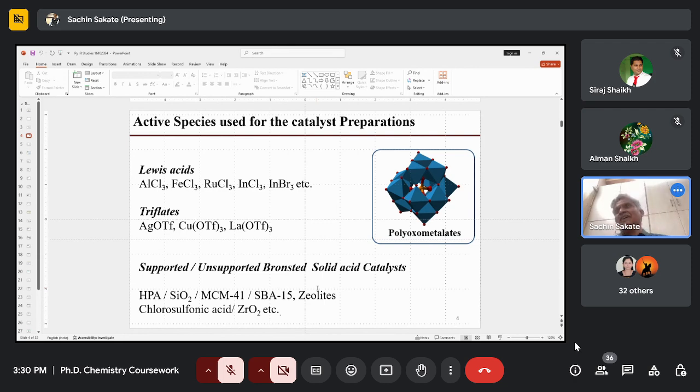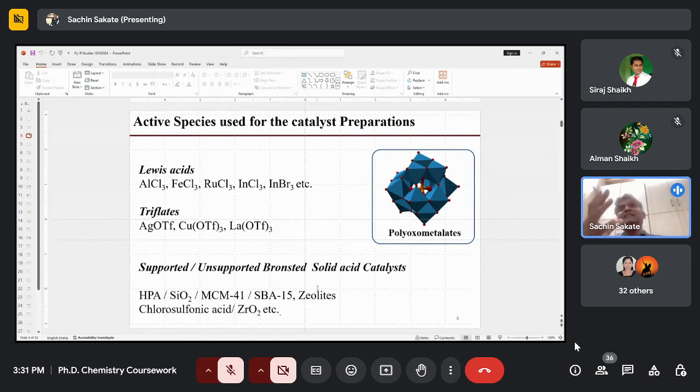You can imagine what type of acidity this material has. It is actually more than chlorosulfonic acid, while being a solid acid, and it is very easy to handle. You cannot handle sulfuric acid or chlorosulfonic acid as easily as you handle phosphotungstic acid, which even an FYBSc student can handle like simple solid chemicals.